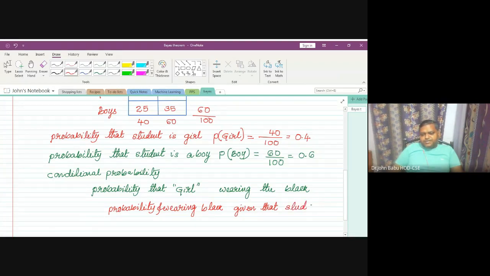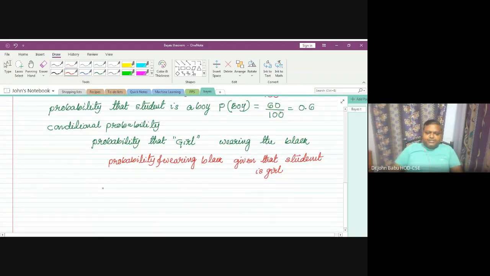That is called the condition. Student is a girl, that is the condition. So we write it in our notation as the probability of wearing black, a bar, given that it is a girl. We read this vertical bar as 'given that'. Probability of wearing a black dress given that it is a girl.